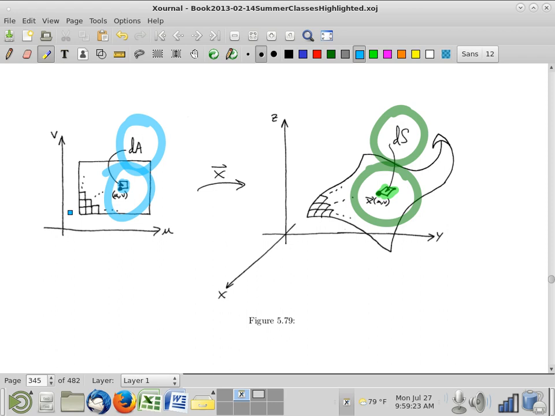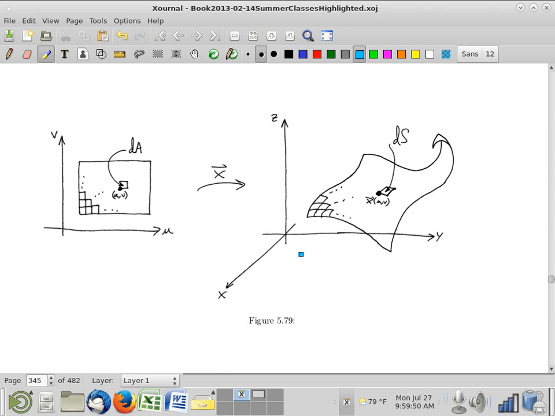The relationship is going to be that this dS area is some scalar multiple of this dA area. Namely, there's going to be an area stretching factor. Okay. And I'm going to get at that by computing dS. And it's going to turn out that it'll end up being a multiple of dA.